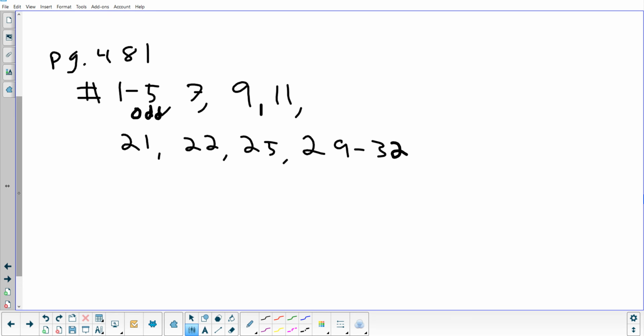Okay, I think everything else is okay. So I could actually just shorten that first part. That's really just 1 through 11 odd. I want to make that simple. So 1 through 11 odd, and then 21, 22, 25, and 29 to 32. And if anybody has any questions or the calculator wasn't working right, let me know. We'll take a look at it.